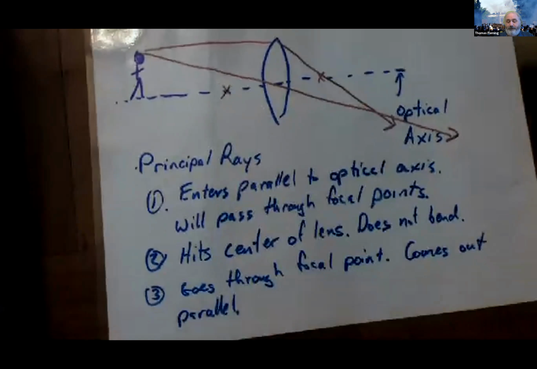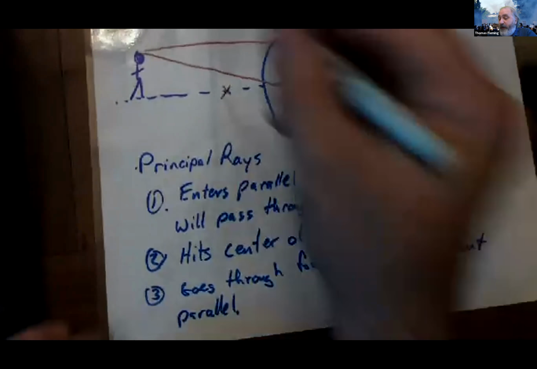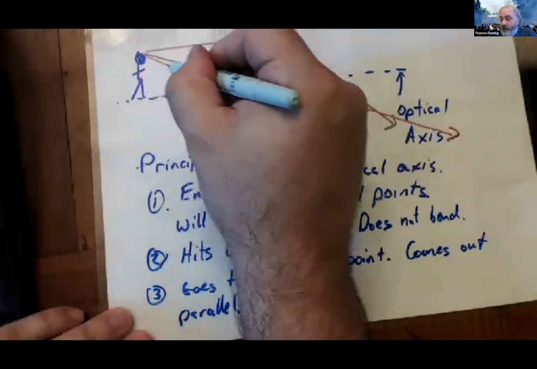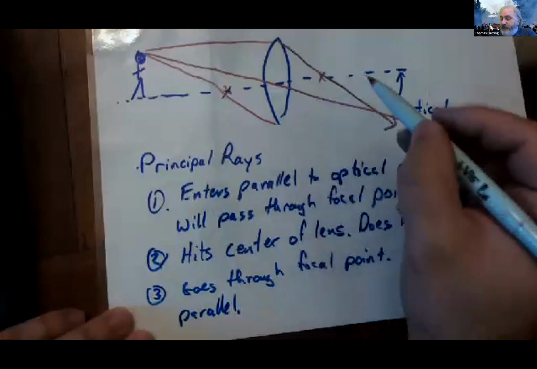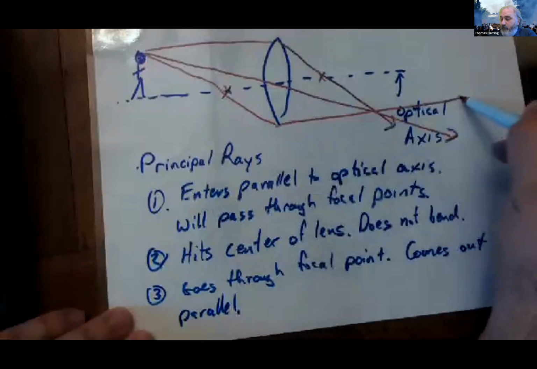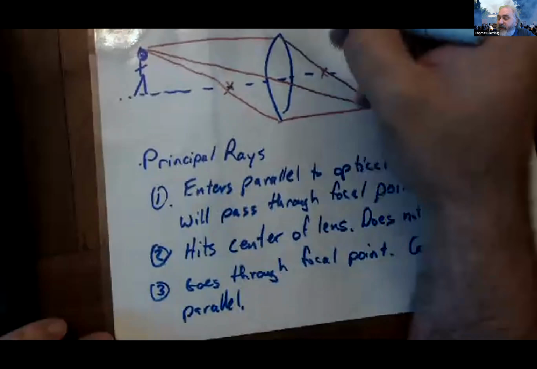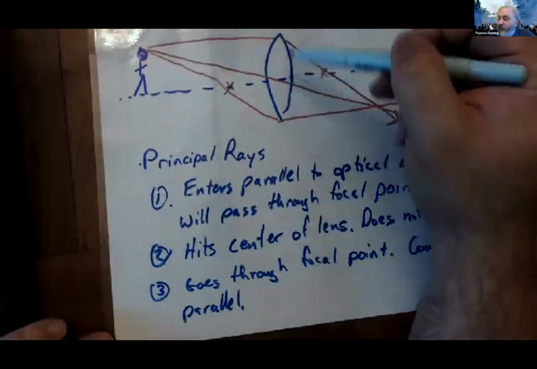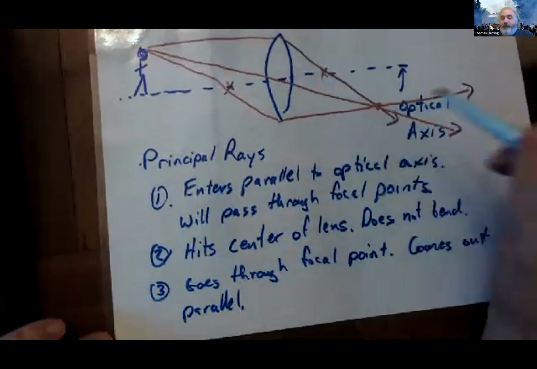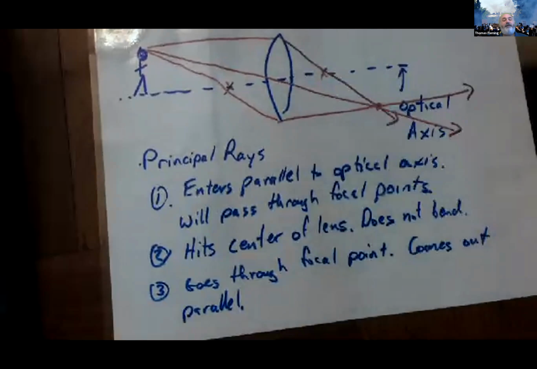Just because of symmetry. So the third ray is going to go from this spot, hit the lens, come out parallel. And what's going to happen is my 3 rays of light are going to hit the lens at different locations, but all the rays of light will end up converging at that one spot.